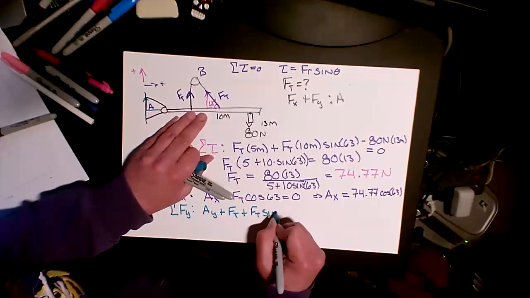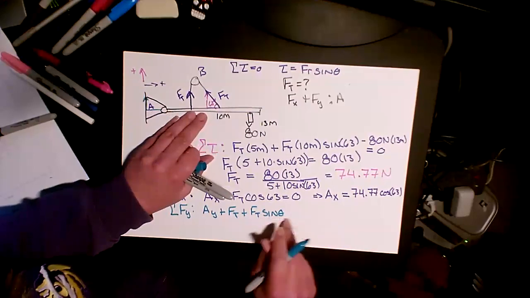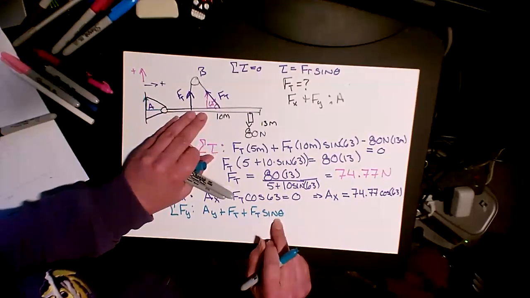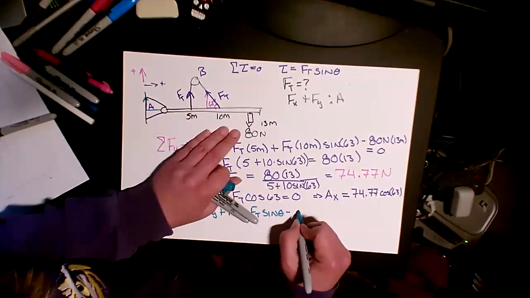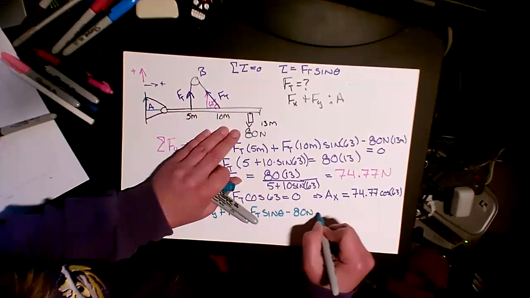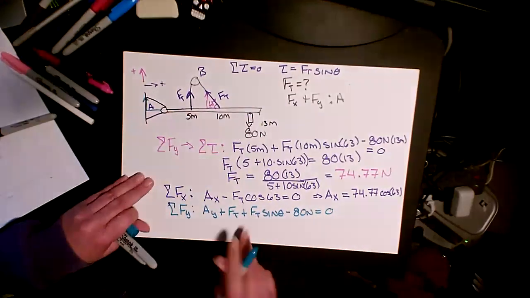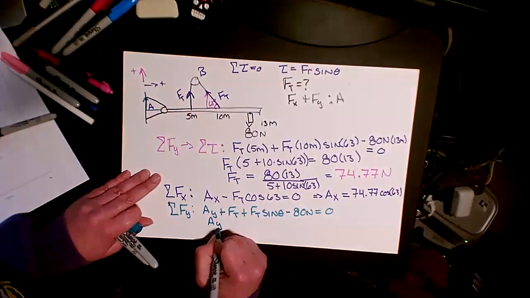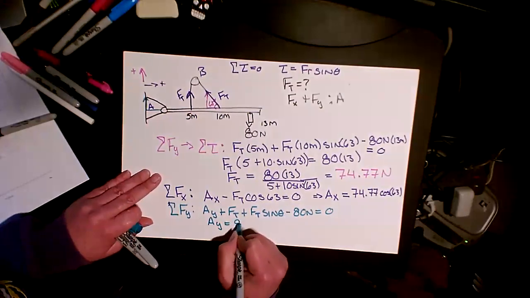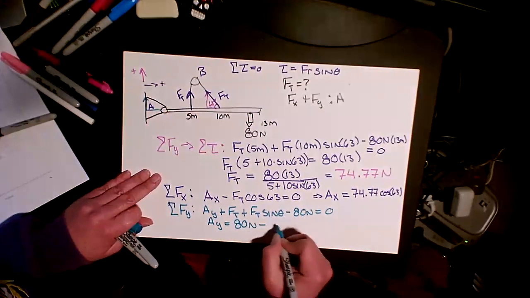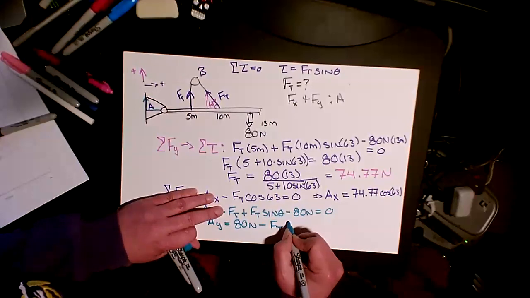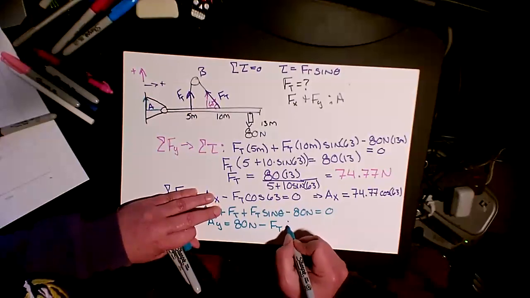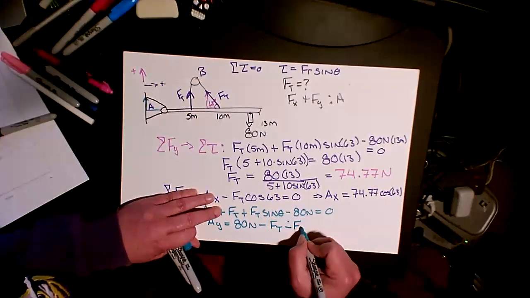And we're doing forces, not torques, so I don't need a distance. Then minus 80 newtons equals 0. Known value, known value. So my A in the Y is going to be 80 newtons minus the force of tension sine theta.